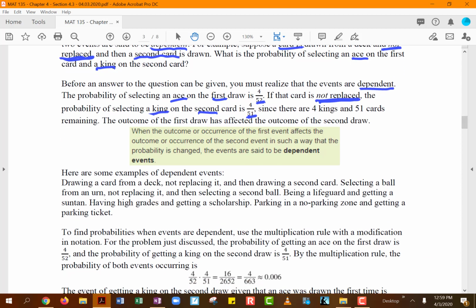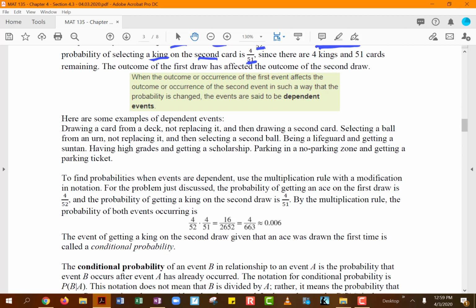So just our little definition here: when the outcome or occurrence of the first event affects the outcome or occurrence of the second event in such a way that the probability is changed, we say that the events are dependent events. Just some examples for us to look at.